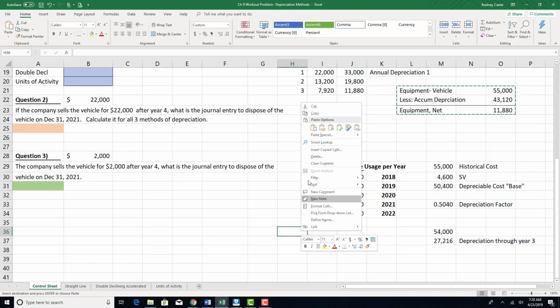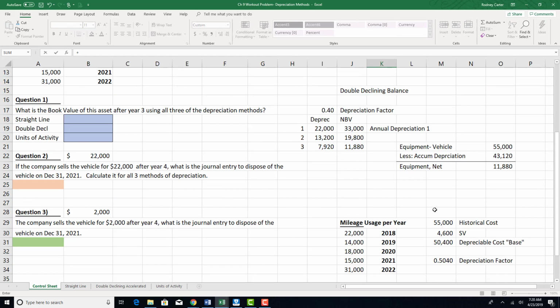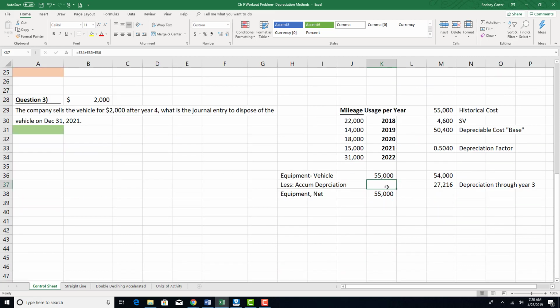And then I'm going to build another schedule here where I say the equipment is always going to be 55,000 historically. And I'm going to deduct 27,000, which is 54,000 miles times the mileage depreciation factor. And there we go.